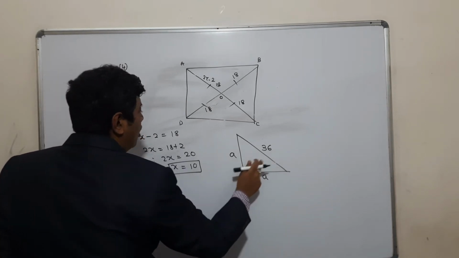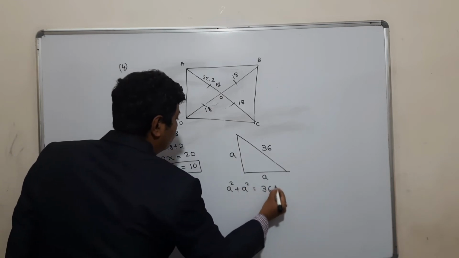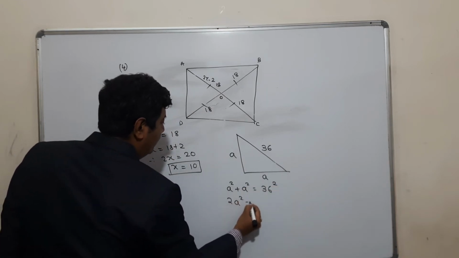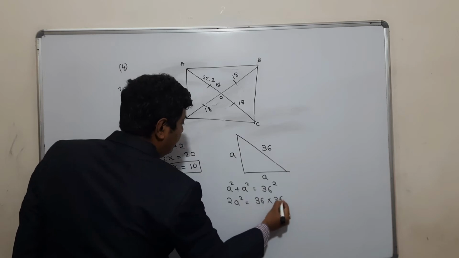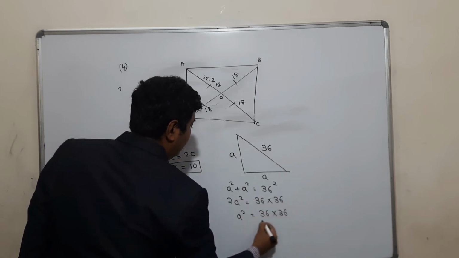So now how will you solve this? a square plus a square is equal to 36 square. So you get 2a square is equal to 36 into 36. So a square is equal to 36 into 36 divided by 2.